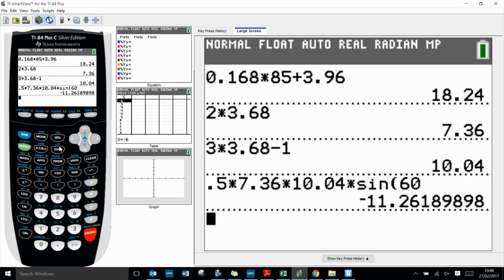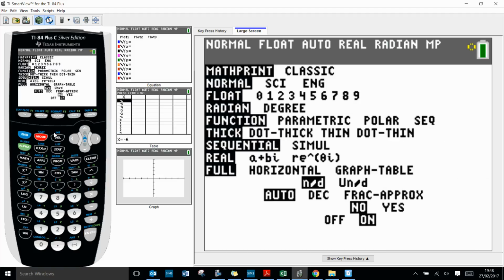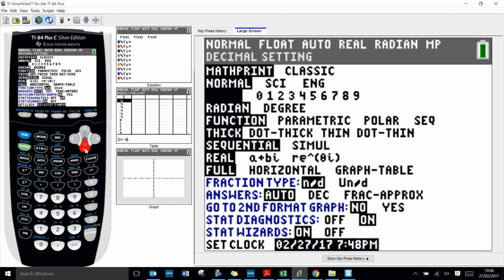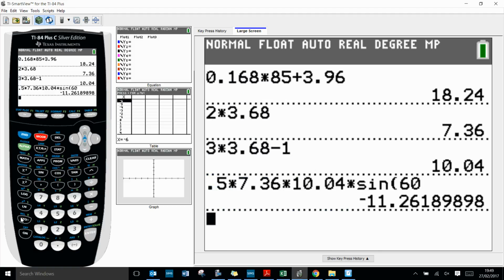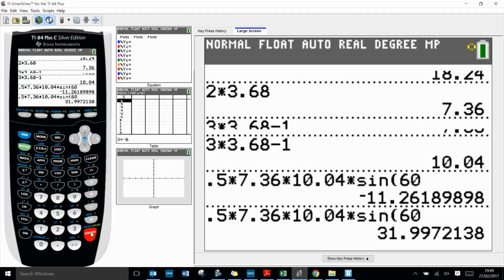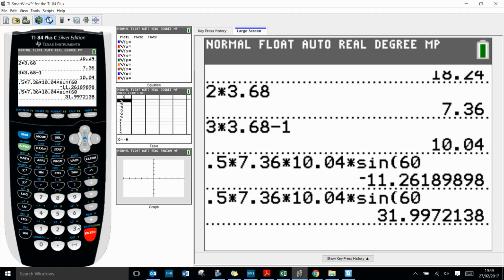It can't be in degrees. It is 31.99, so it's 32.